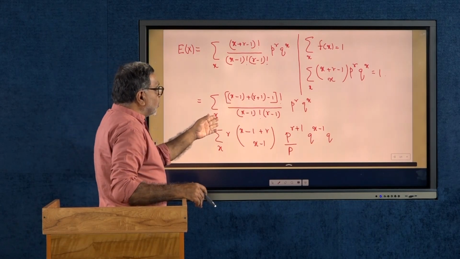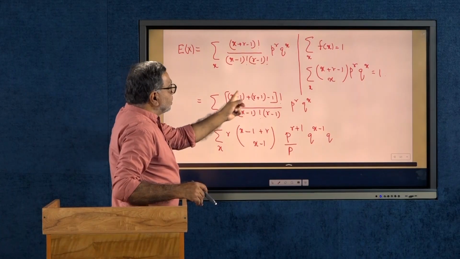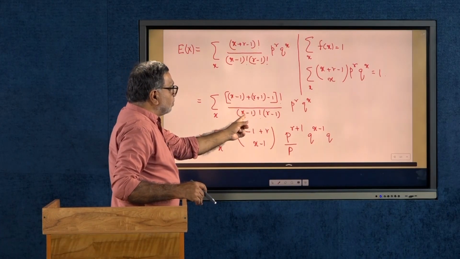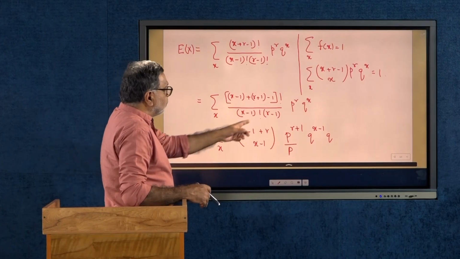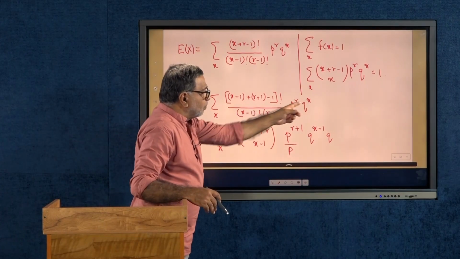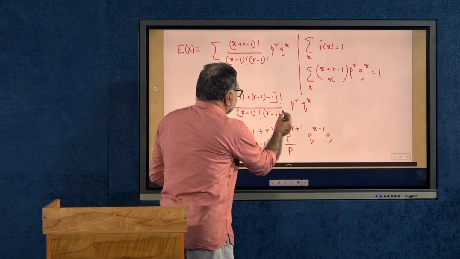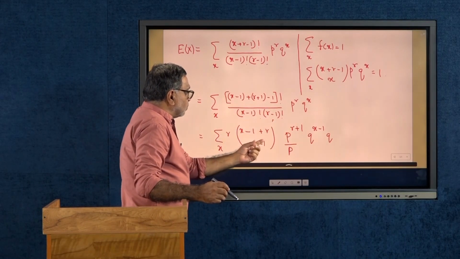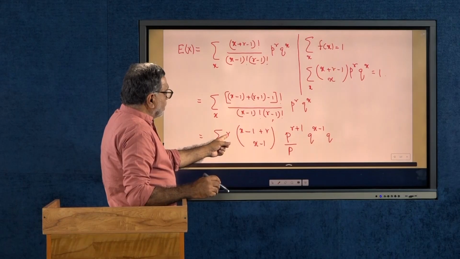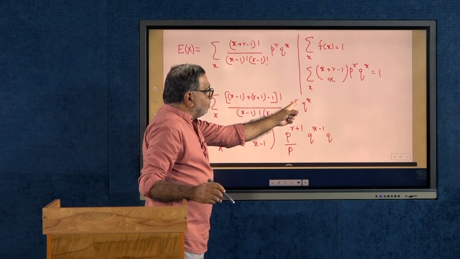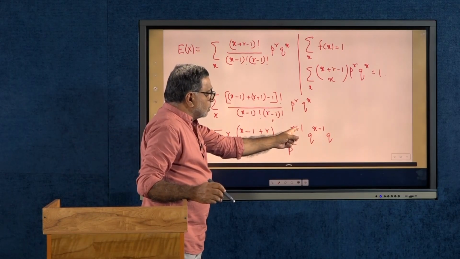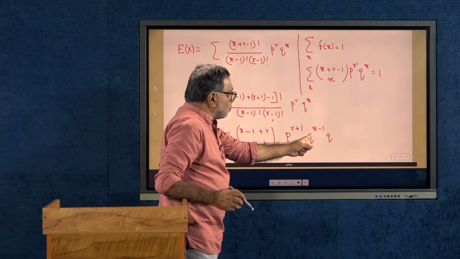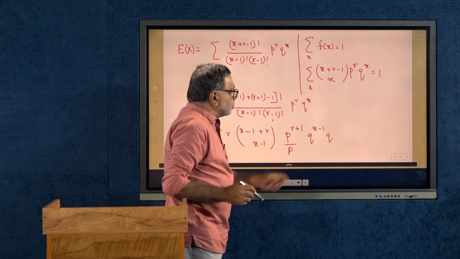To make r minus 1 factorial as r factorial, you multiply by r, and to make p power r as p power r plus 1, you divide by p. And q power x as q power x minus 1 into q.